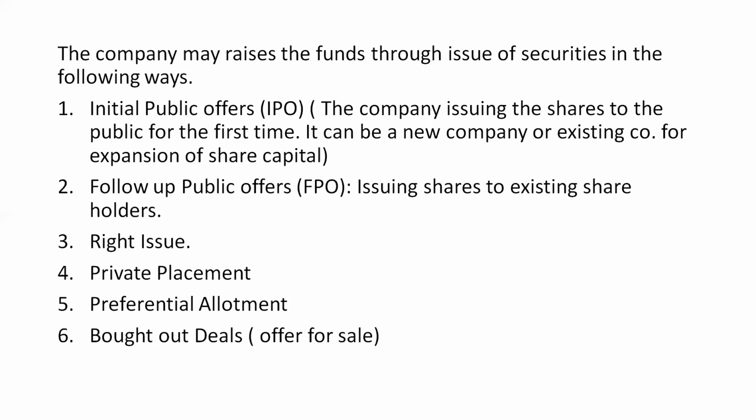If they buy the securities, this is called a private placement. It will not come for the public offer. But these companies themselves, that is ICICI and others, may sell those securities in bought out deals in the secondary market in the stock exchange operations.